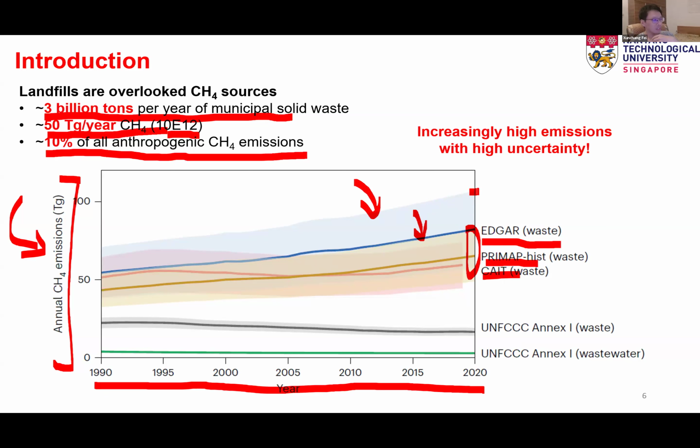But then the uncertainty range error bar is almost the same as 50, as you see here. So basically, we're saying that methane from waste is around 50 Tg per year, plus or minus almost 25. So the uncertainty range is very, very high.